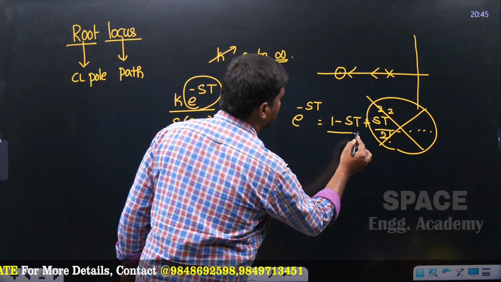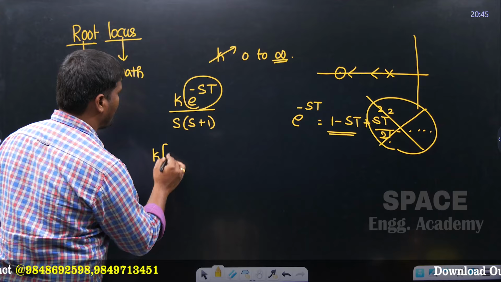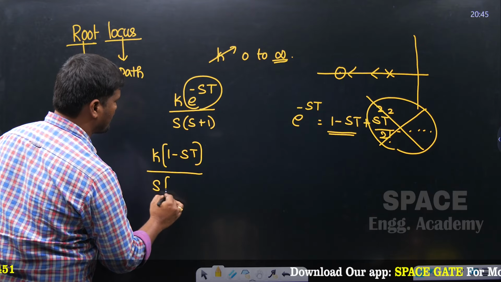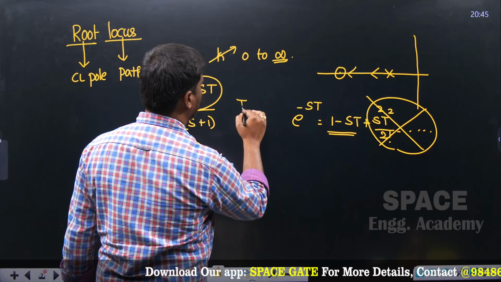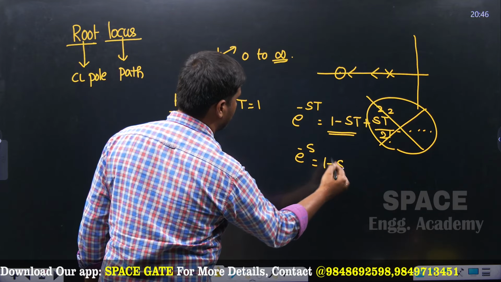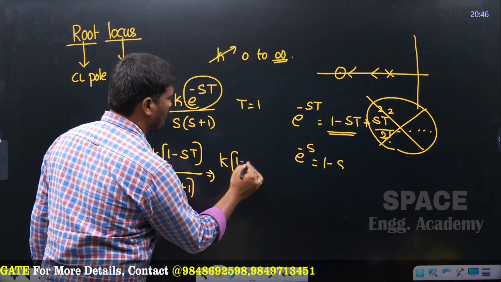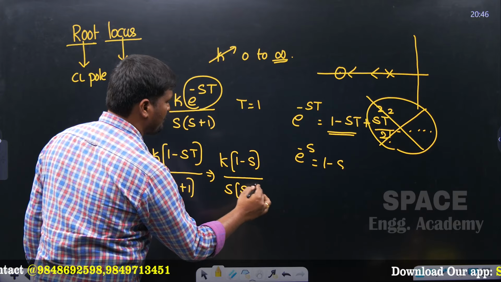Therefore, for an approximate discussion, I am replacing e^(-sT) with (1 - sT), so the function is K into (1 - sT) divided by s into (s+1). Let us assume T is 1 second. Therefore, e^(-s) becomes 1 - s. So this can be written as K into (1 - s) divided by s into (s+1).